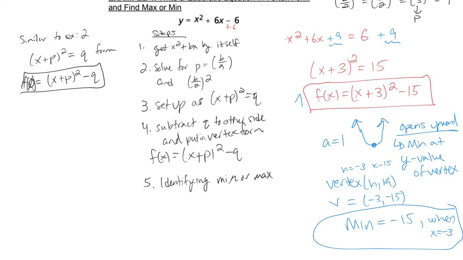So we needed to first find this and then find this. You essentially do example 2, then subtract that q over and set it equal to f of x. And then you figure out whether you have a min or max depending on your a. If a is negative, you know you're going to have a maximum. If a is positive, then you're going to have a minimum at that y value of the vertex.